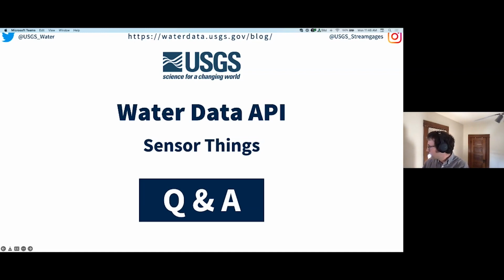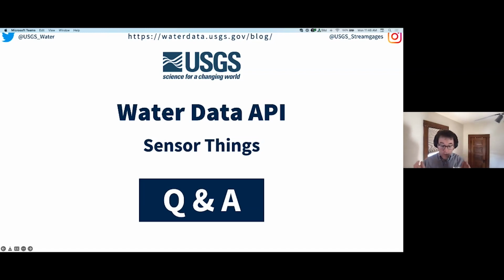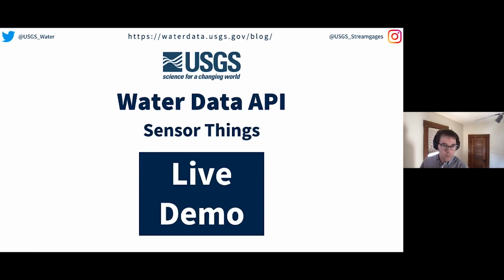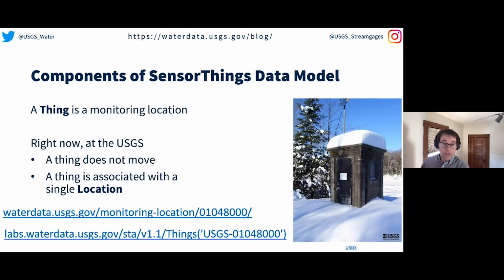Next question. In SensorThings, is there a way to write a simpler query just using the USGS station ID? Jim? So that's a great question. If you want a single thing, you can actually query by the identifier directly within things.